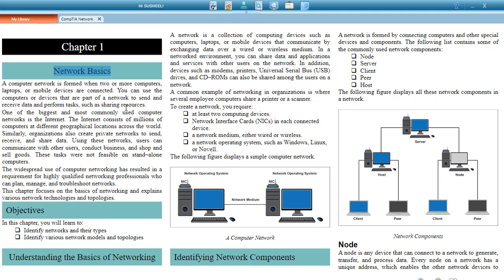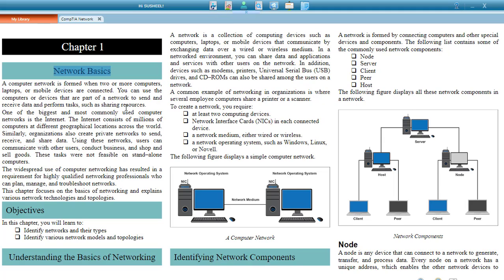In addition, devices such as modems, printers, universal serial bus (USB) drives, and CD-ROMs can also be shared among the users on a network. A common example of networking in organizations is where several employee computers share a printer or a scanner. To create a network, you require at least two computing devices.